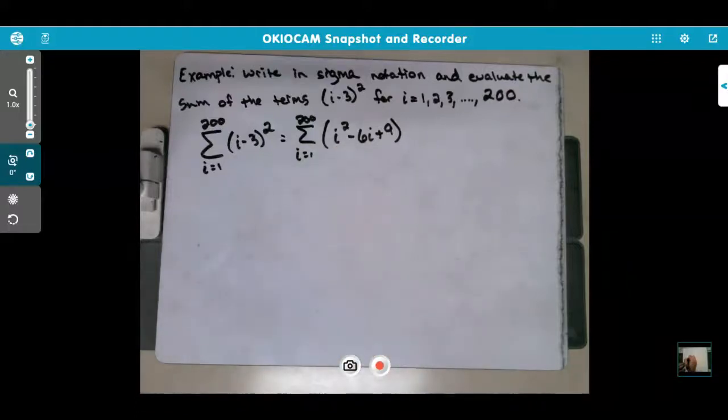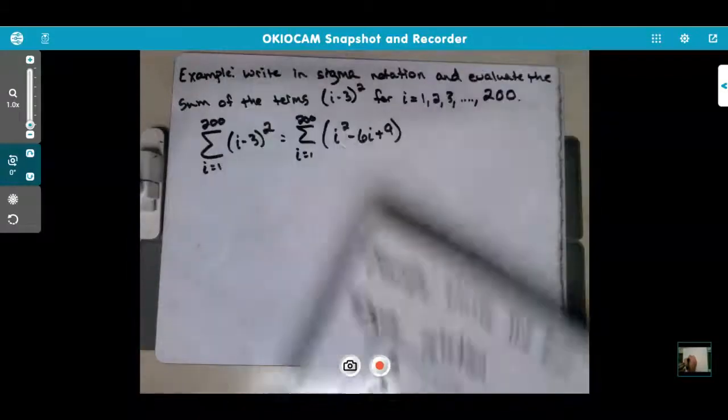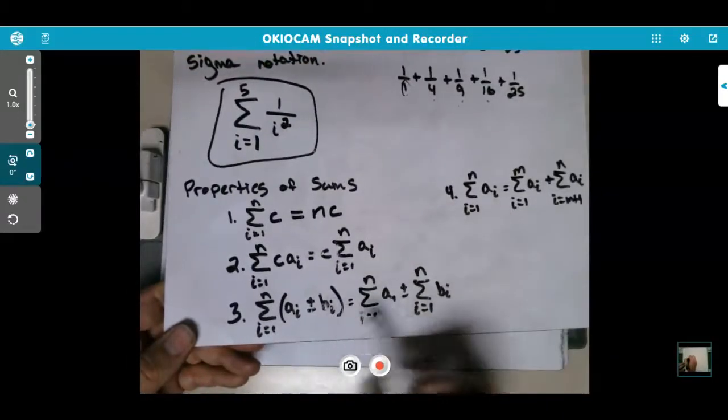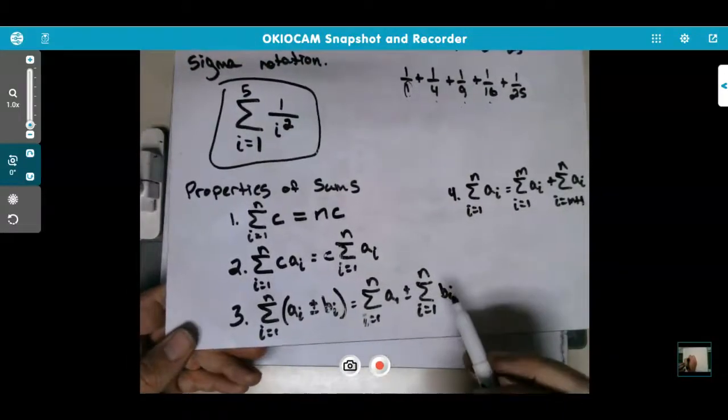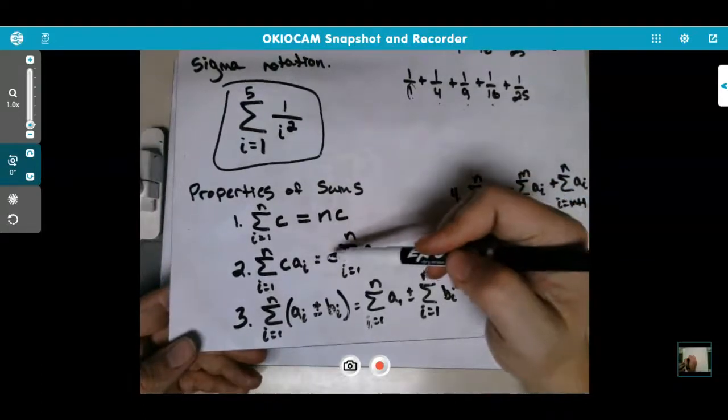Well, what we know from the properties we wrote down is that if I'm adding up a bunch of terms in here, I can split it up into a bunch of different sums. I also know I can pull a constant out front.